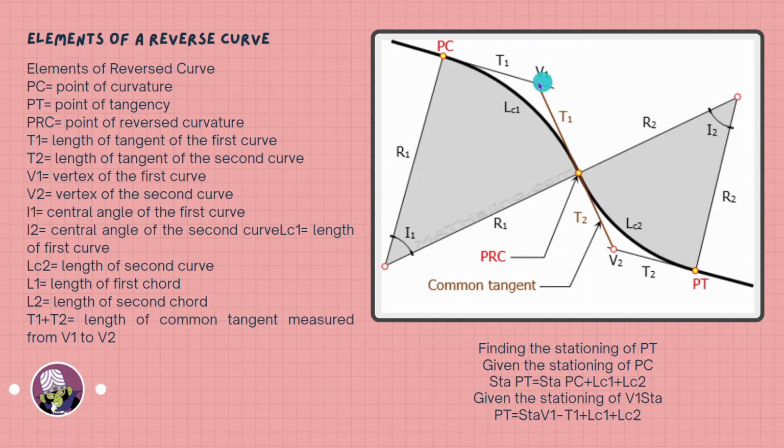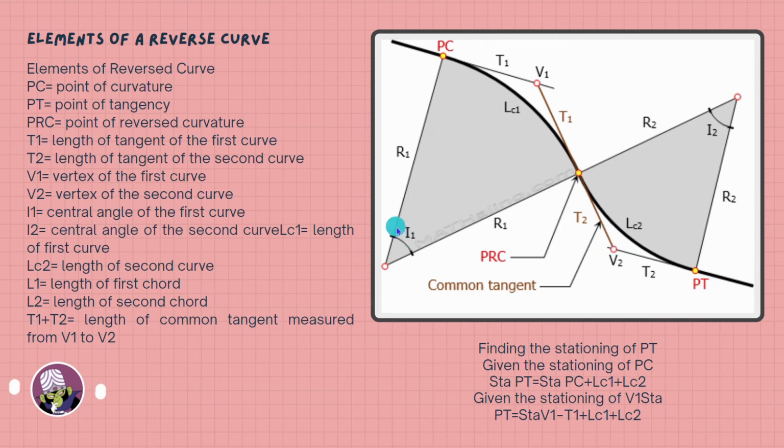It connects in a straight line like this or in a triangle. While the T2 is the length of tangent of the second curve from PRC to the second vertex to the PT. V1 is the vertex of the first curve. V2 is the vertex of the second curve.